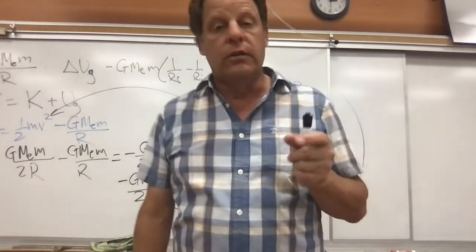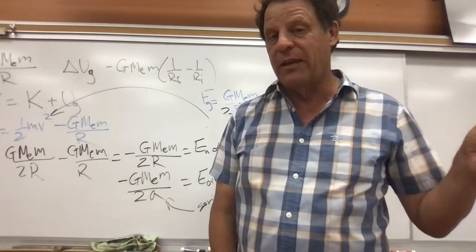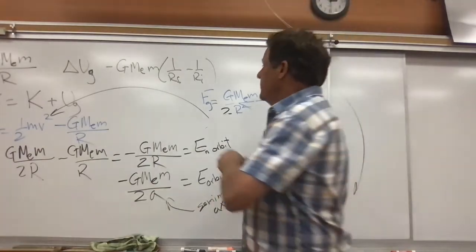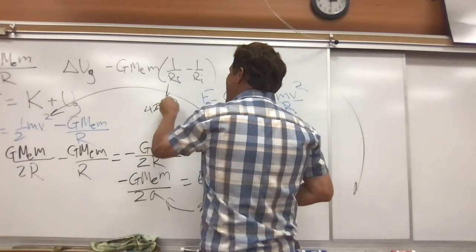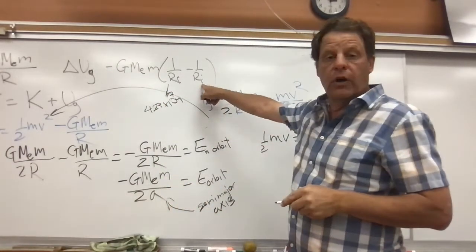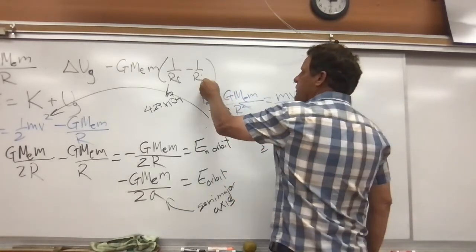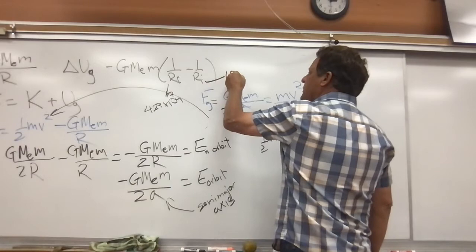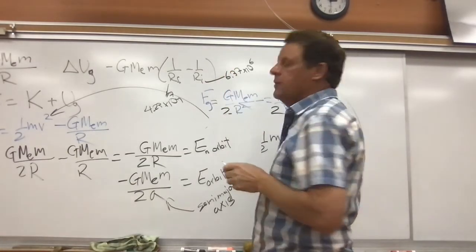That R final for a geosynchronous orbit, which was the answer to the day before's question of the day, was 4.23 times 10 to the 7th meters. And this original position would be the radius of the Earth, starting on the surface of the Earth, and this is 6.37 times 10 to the 6th.